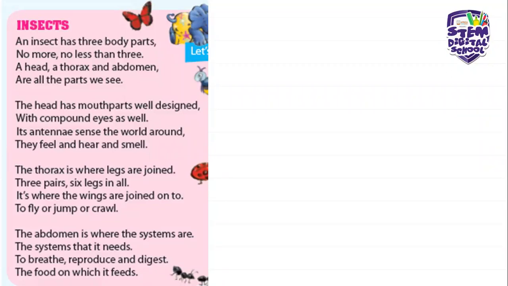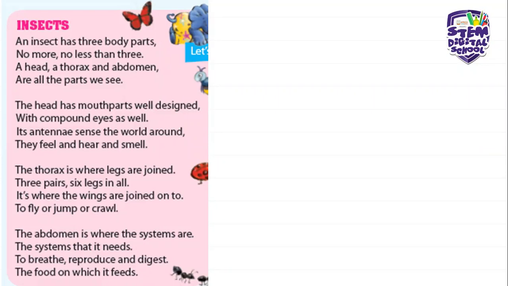An insect has 3 body parts, no more, no less than 3. A head, a thorax, and an antenna are all the parts we can see. The head has the mouth parts well designed, with compound eyes as well. Its antennae sense the world around.